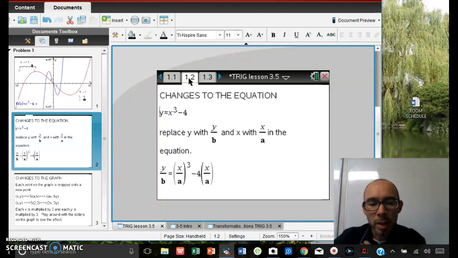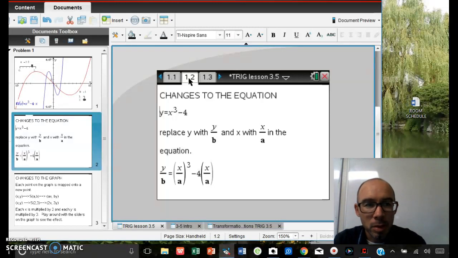And x gets replaced with x over a, and that will stay inside the parentheses. If it's cubed, it's x over a that gets cubed, and you'll see the effect in the horizontal direction as you change the a. You'll see the change in the vertical direction as you adjust that value for b.